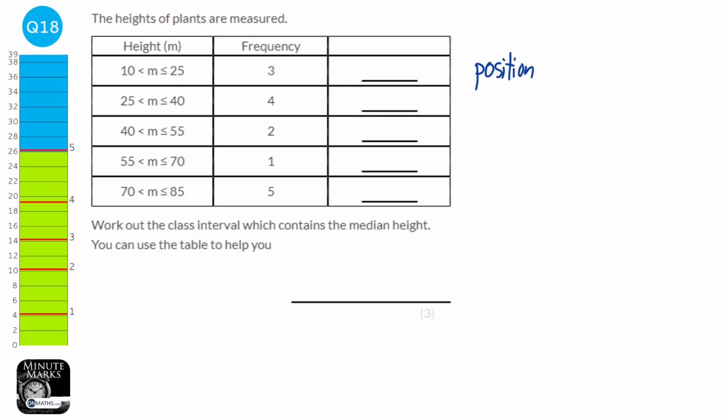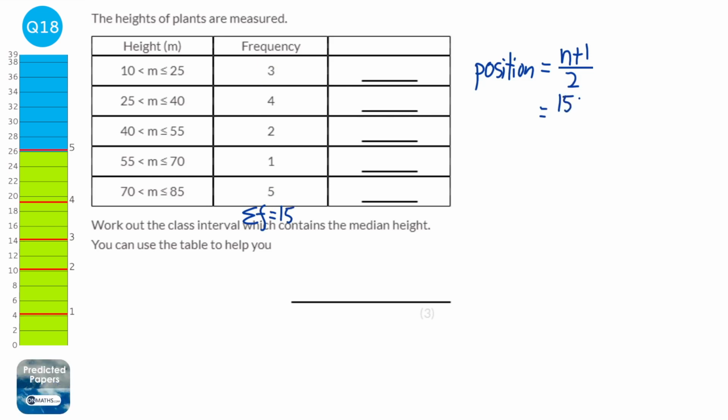The median will always be in the n plus 1 divided by 2 position. So we need to find out what n is, and we do that by adding up all the frequencies. So let's add those together and you get the sum of f. Those add up to 15. If you do 3 plus 4 plus 2 plus 1 plus 5, you get 15.